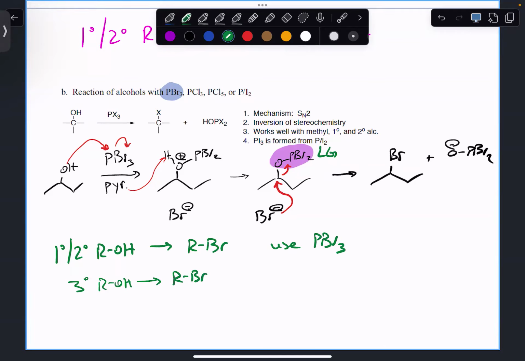If you want to do a tertiary, use HBr. And again, the reason for this is the mechanism of PBr3 is an SN2. So you can use PBr3 on primary and secondary alcohols. Because this is an SN2 reaction, you cannot do this with a tertiary alcohol.